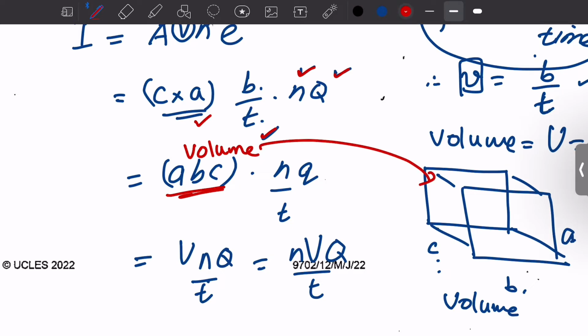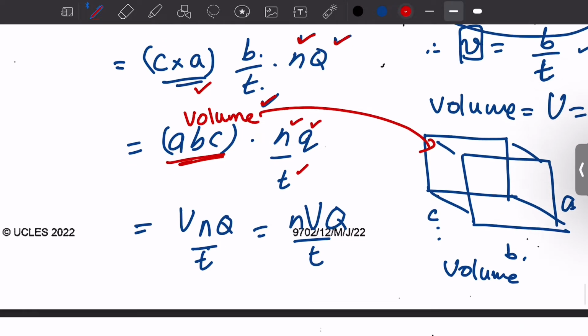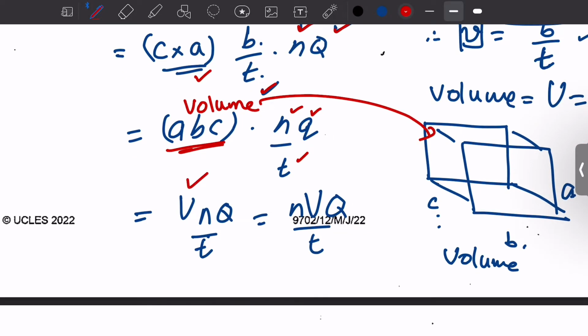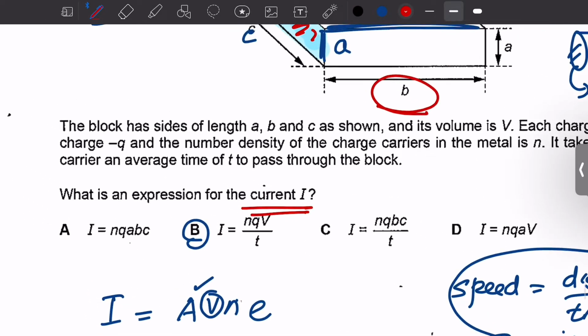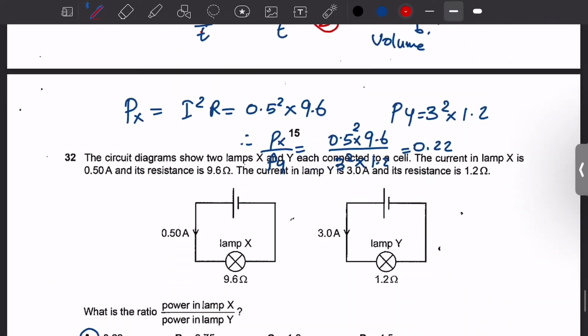Now the remaining thing is n and q over t. So this V is not that previous speed v, this is volume V. So volume V n q over t, or according to the marking scheme, the given answer is nVq over t. This is the answer B. So question number 31, answer is B.